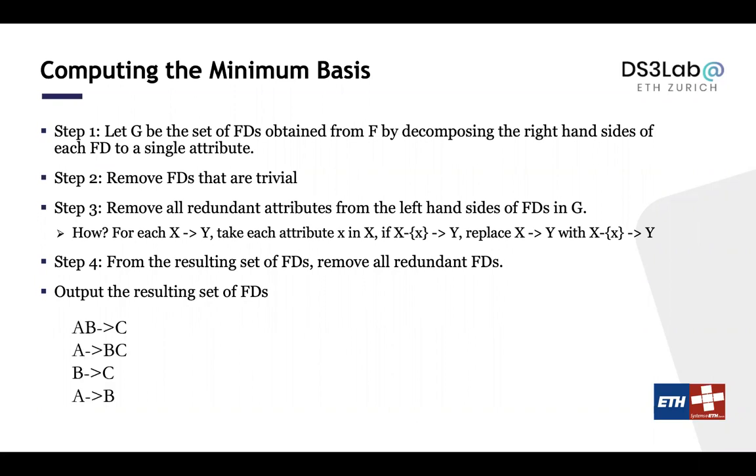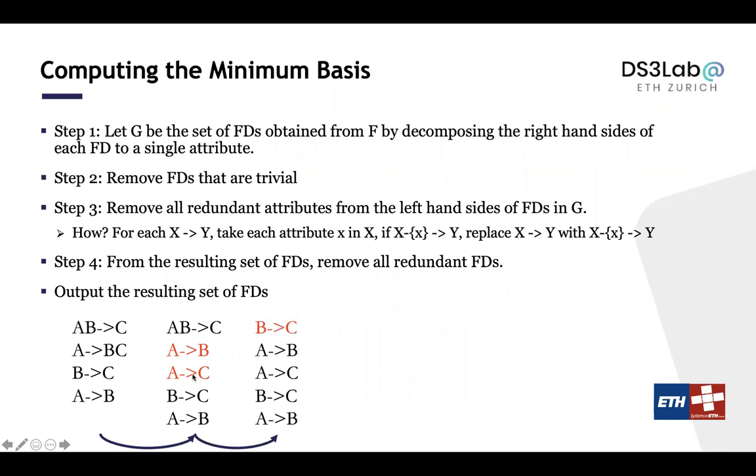So as an example, assuming I have a set of functional dependencies with these 4 FDs: AB to C, A to BC, B to C, A to B, right? So the first step is I will make the right-hand side consist of only a single attribute. I will take A to BC and decompose it into A to B and A to C. And then I will remove trivial functional dependencies. In this case, I don't have that, so I move to the third step.